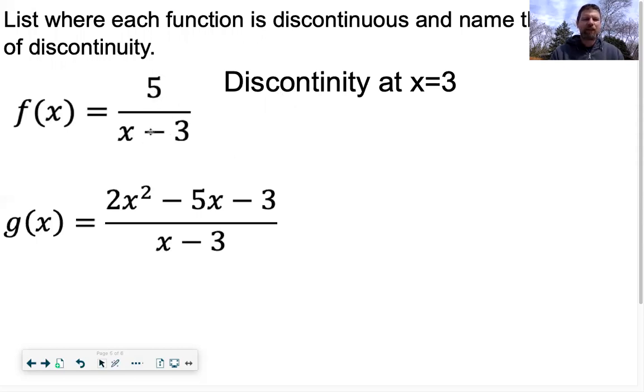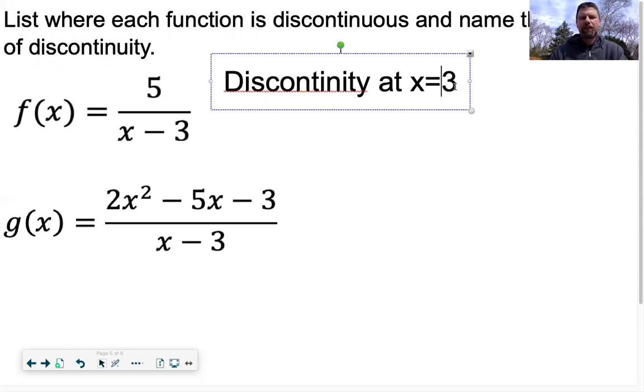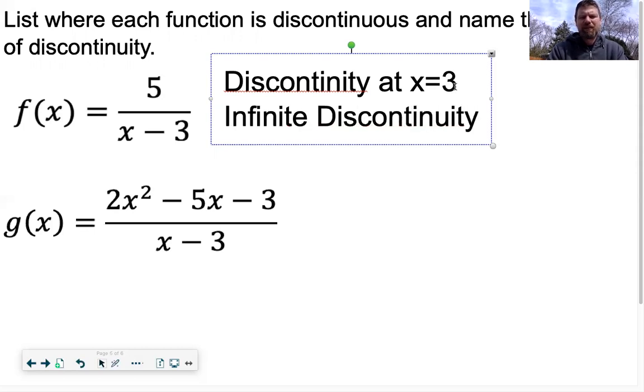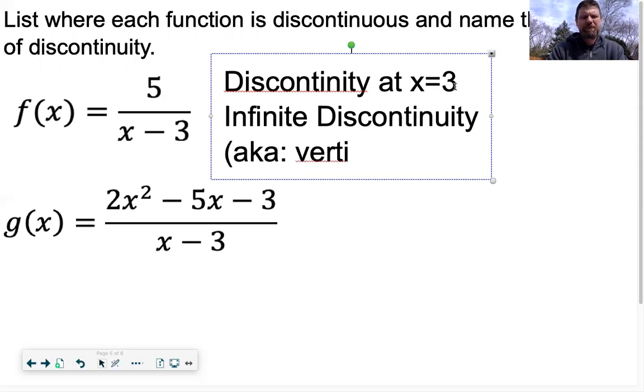Because 5 divided by something closer and closer to 0 gets closer and closer to infinity. So the type of discontinuity is an infinite discontinuity, also known as a vertical asymptote.